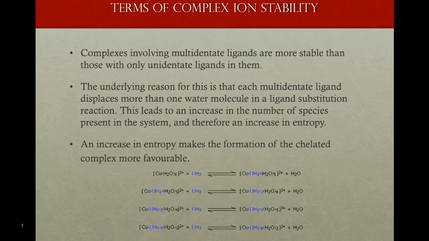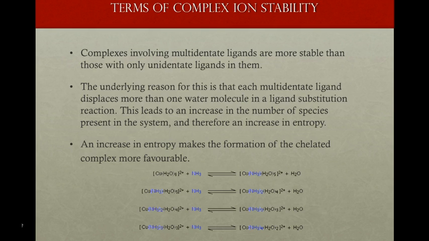Now, here's a little bit easier discussion of ligand substitution. We said that there is more entropy. That is because the multidentate ligand displaces more than one molecule in a ligand substitution. That increases entropy. An increase in entropy makes the formation of a chelated complex more favorable.